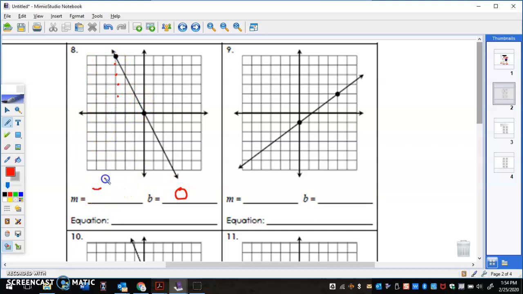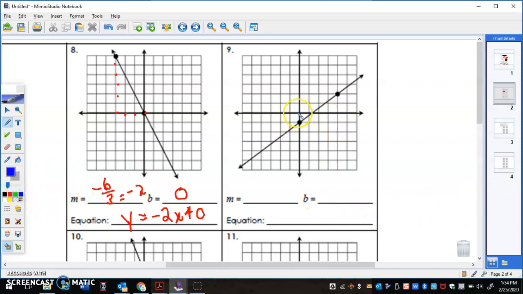I go down 6, that's my rise, -6. And then I run 1, 2, 3 to the right, which makes it positive. So my slope is -2. y equals -2x plus 0, right? I'm following that y equals mx plus b. If you leave the plus 0 off, you're also correct.